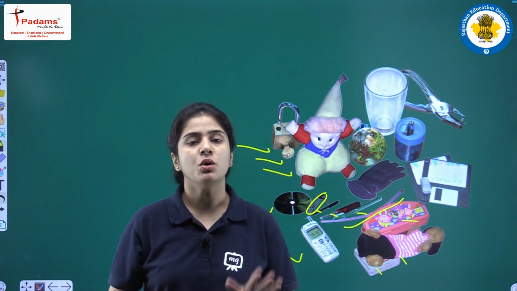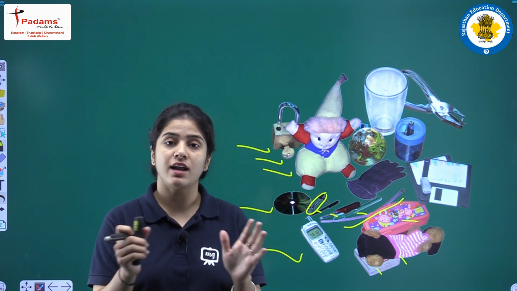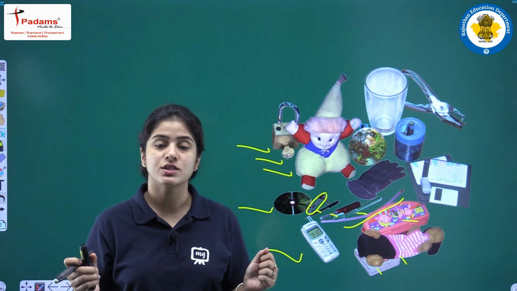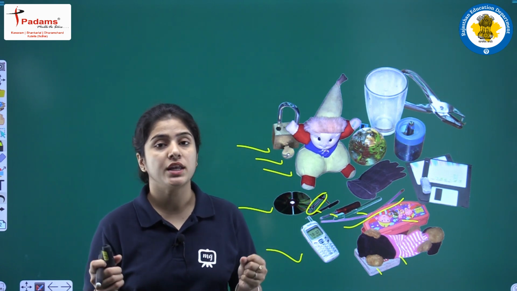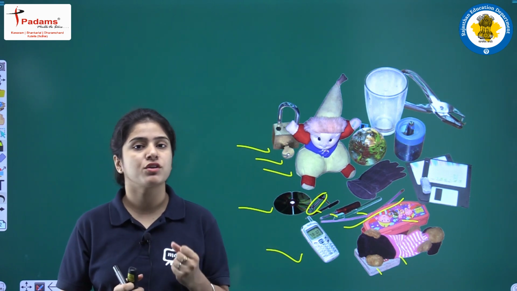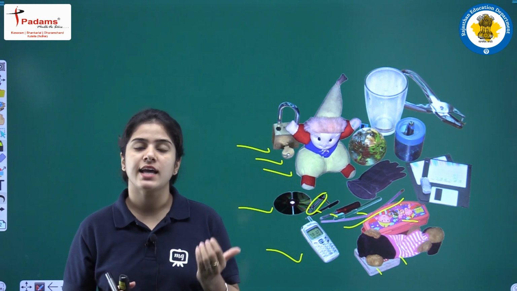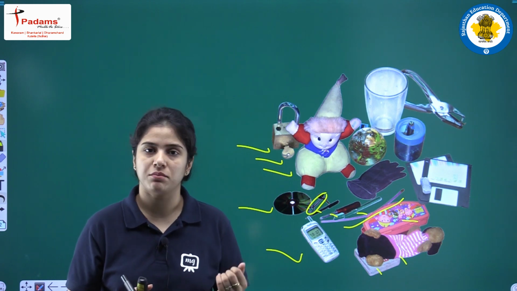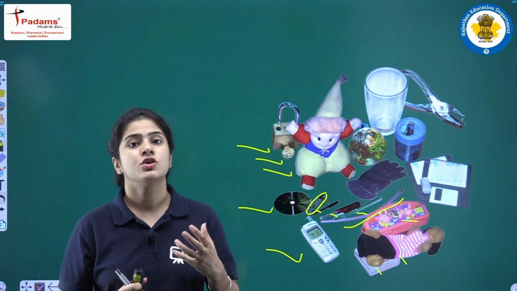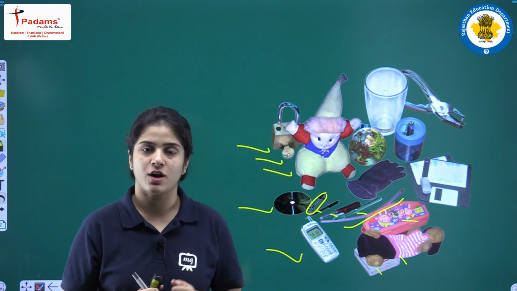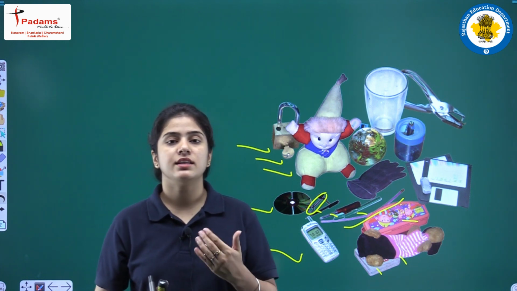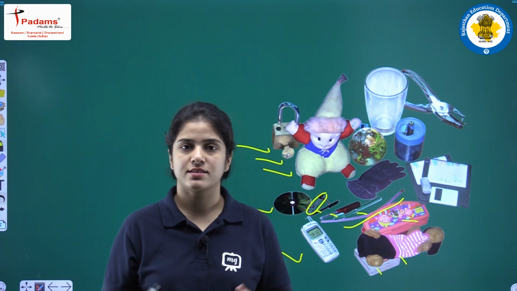So students, when we have a large amount of materials in the world, we need to characterize them into different groups, so that it is easy for us to study them and easy to explain their properties. For example, I am your teacher sitting in your class.